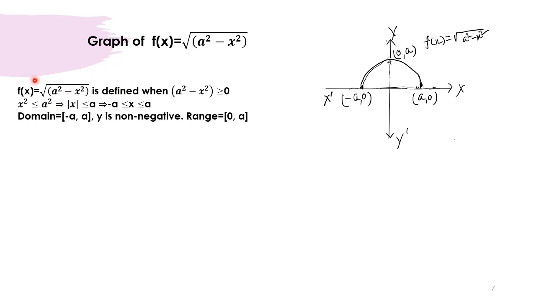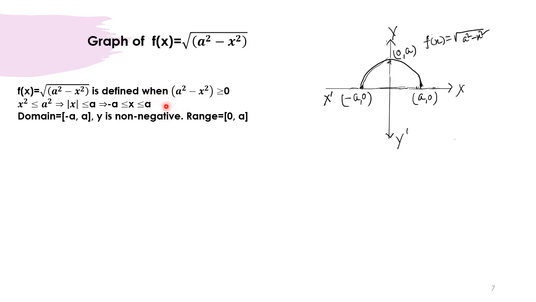So f(x) = √(a² - x²) is defined when a² - x² is greater than or equal to 0, meaning a² is greater than or equal to x², or x² is less than or equal to a². Taking the square root, you get |x| less than or equal to a, or you can say x lies between -a and a, both ends inclusive.